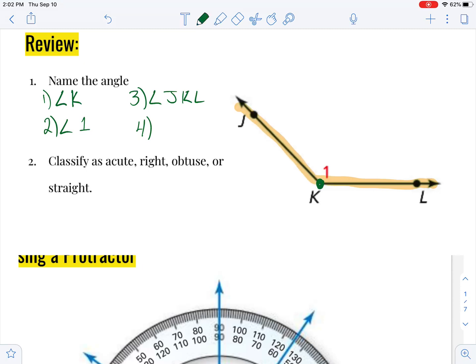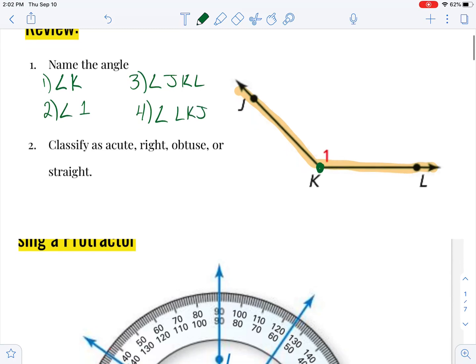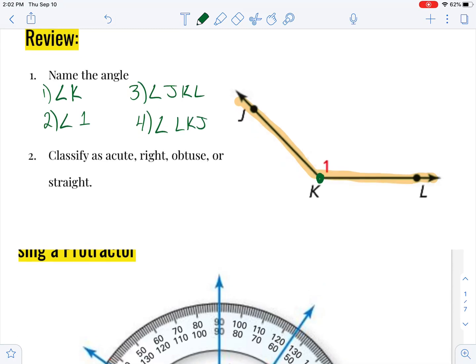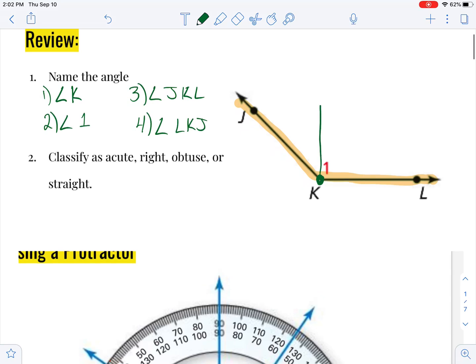As long as the K, that vertex, is in the middle, that's all that counts. And then, of course, we can classify this as either acute, obtuse, or a straight angle. Seeing that this is bigger than a 90-degree angle, so bigger than a right angle, but not quite a straight line, that's going to be an obtuse angle.